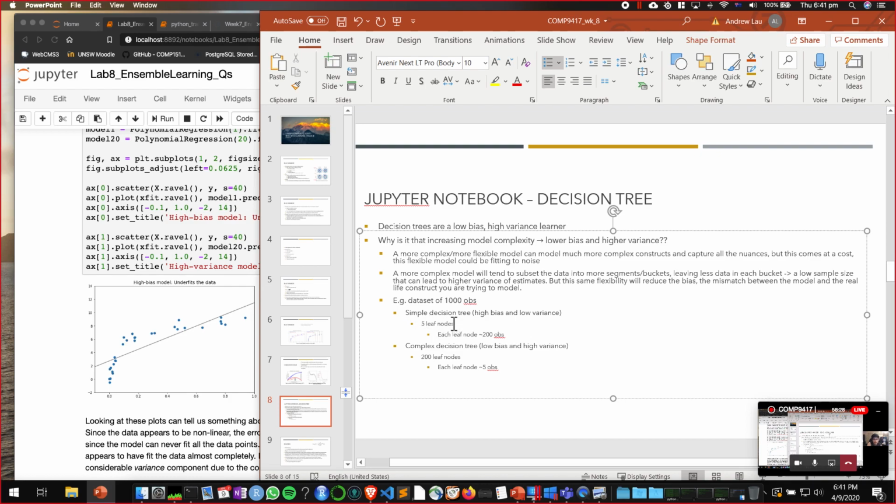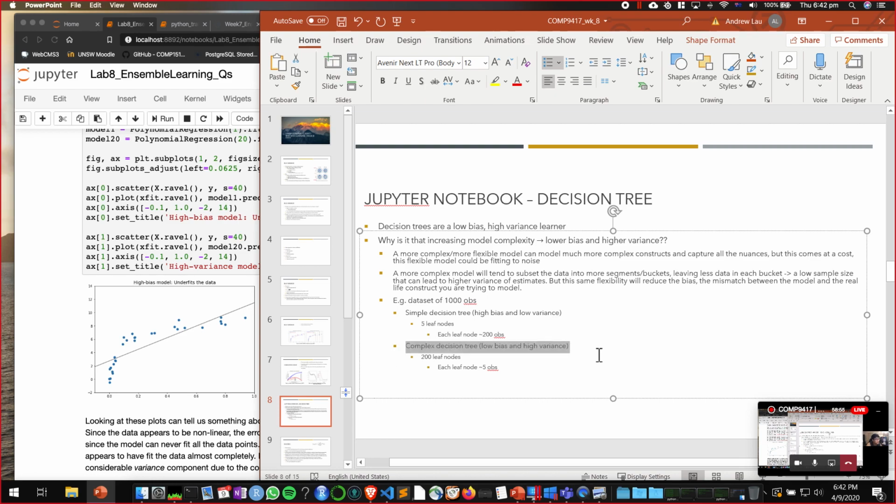You're cutting your data at too high a level, it's not granular enough. You're not splitting up your data into very specific buckets. You're averaging everything out, smoothing everything out. So as a result, you're going to be missing a lot of the nuances in the real life data, but because each bucket is so big, because there's 200 observations, even if you change the data set, it's probably not going to move by too much.